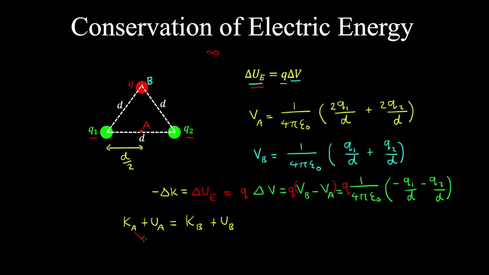So therefore if you subtract Ka and subtract Ub, you're going to get the change in potential energy is minus the change in kinetic energy. So the movement of a charged object between two points with different electric potentials results in a change in kinetic energy of the object. And this is consistent with the conservation of energy.